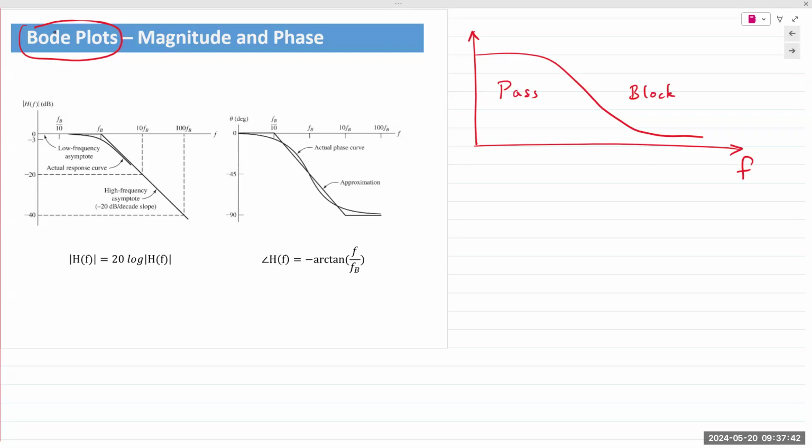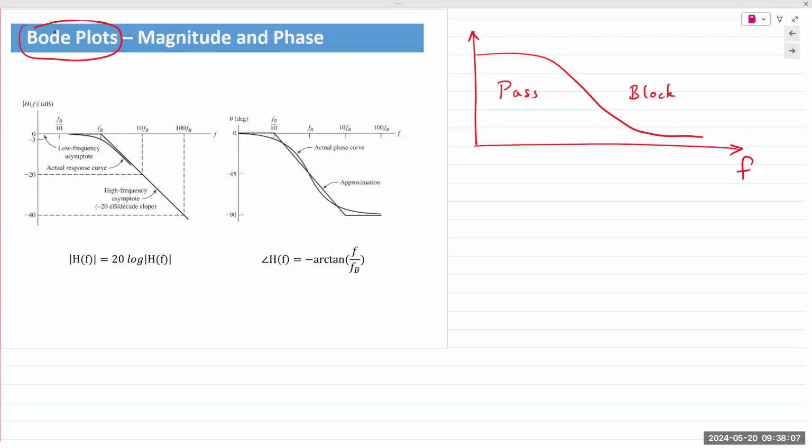So Bode plots are basically comprised of asymptotes. An asymptote, as you may or may not know from geometry, is a tangent that approaches zero for a curve as the coordinates of either one tends towards infinity. So it's a straight line approximation for a curve, simply stated.